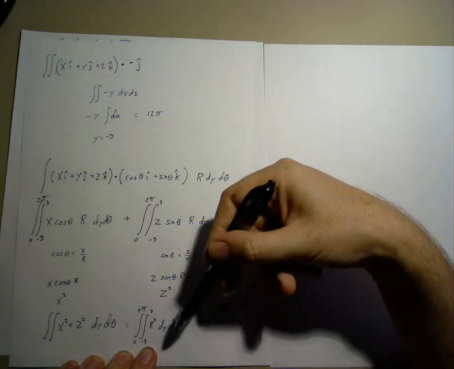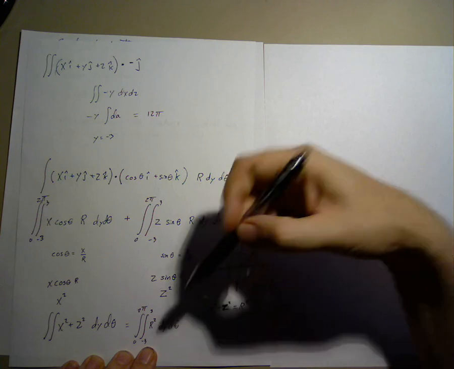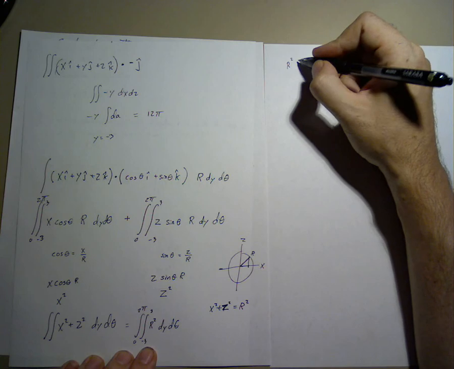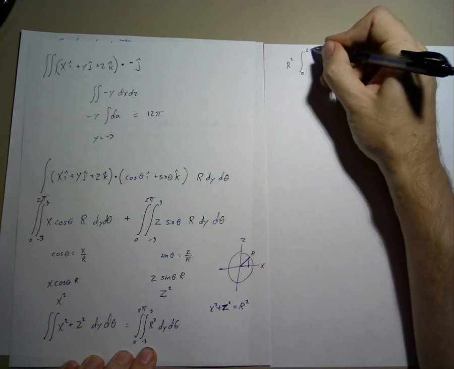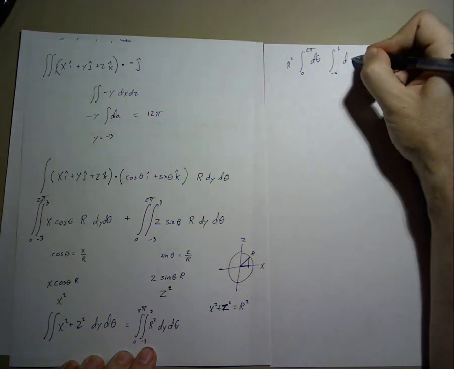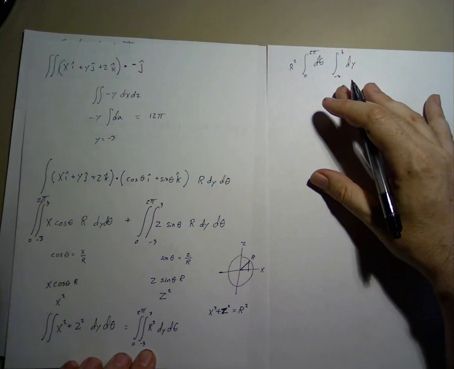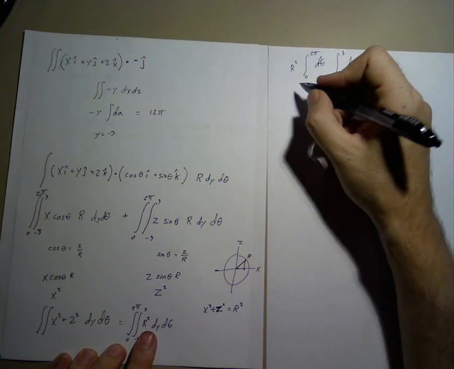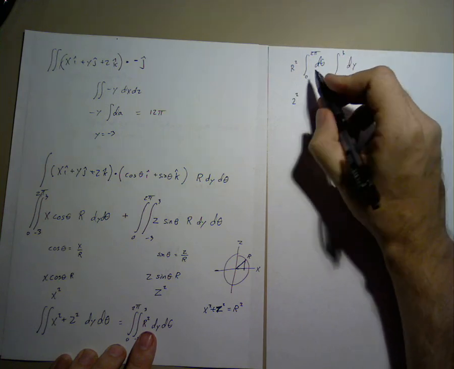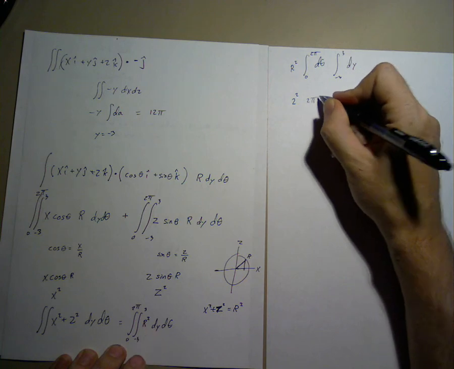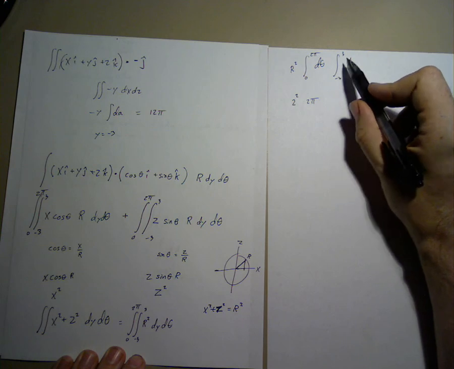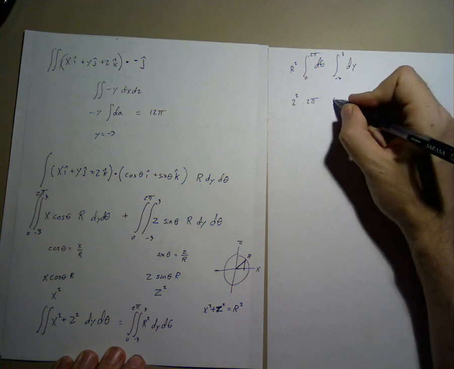Since r is not one of our variables of integration, and is independent of these two, we can put r squared times the integral from 0 to 2 pi d theta times the integral from minus 3 to 3 dy, where r is 2. Our theta integral gives us 2 pi. Integrating dy from negative 3 to 3 gives us 6.